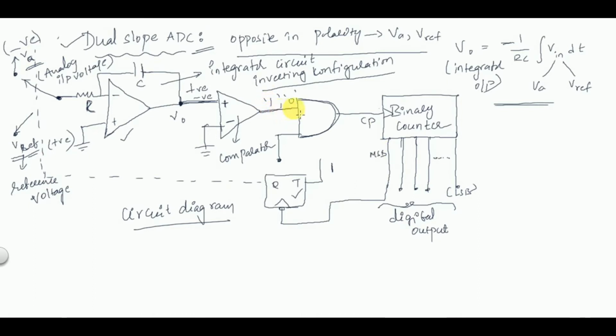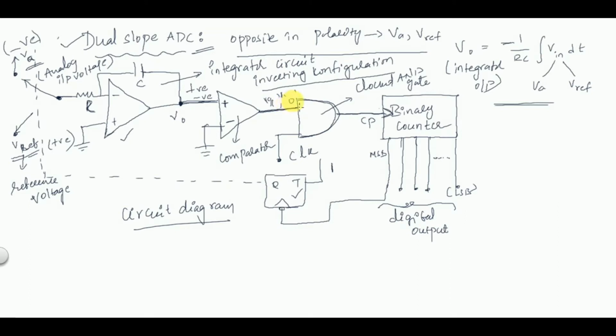Depending on the comparator output, it is given to a clocked AND gate, as we have discussed, because the clock input is also given to it. When the output of the comparator is positive, 1 is obtained and clock pulses are passed through the AND gate.